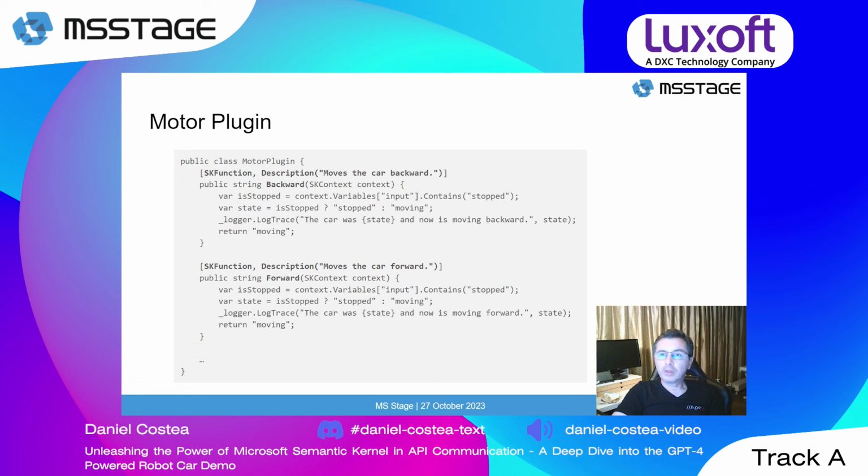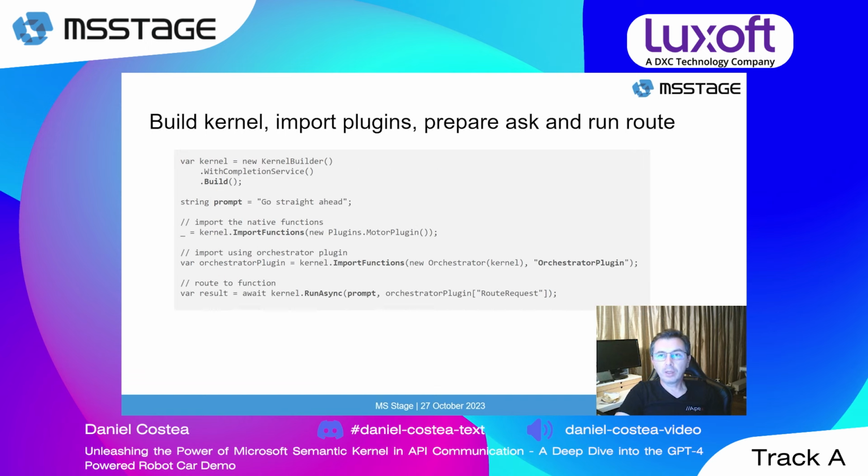So, first we define all the native functions we are going to use. No more, no less. And by choosing a good description, we hope the planner will have some good functions to choose from. Then we instantiate the kernel, we define the prompt, then import the native functions from the motor plugin, and then import the orchestrator plugin.